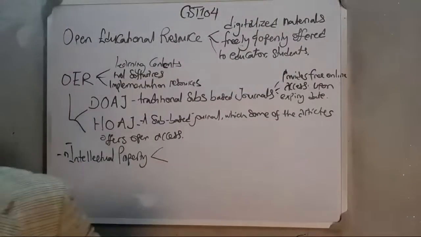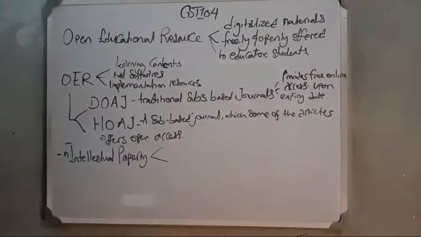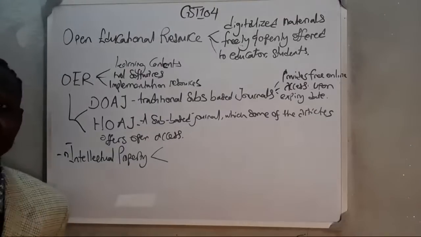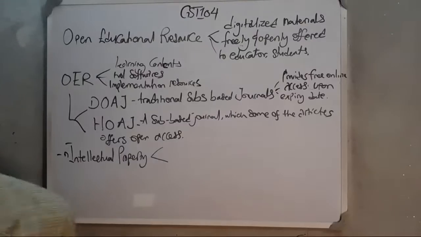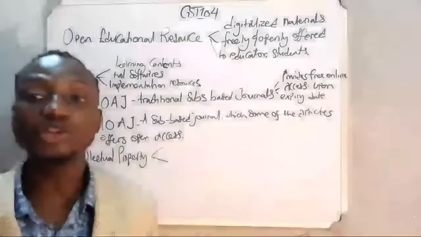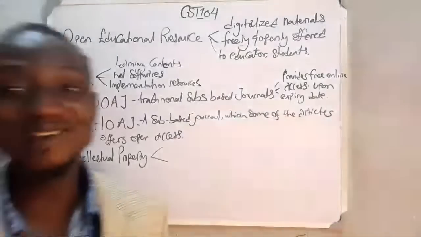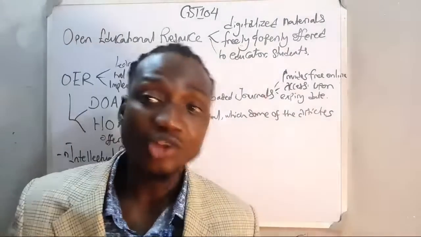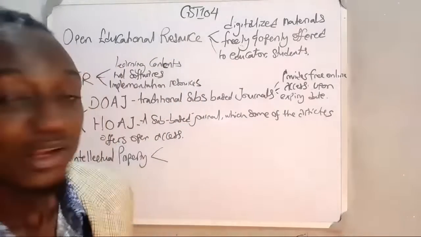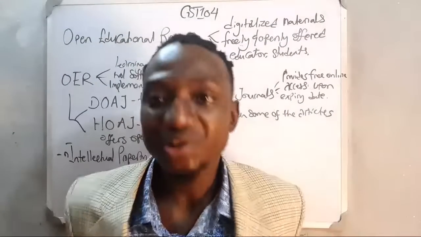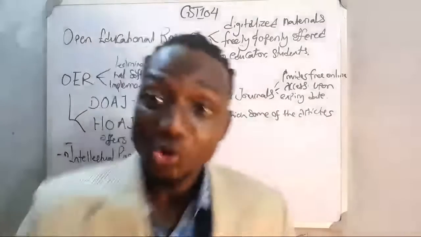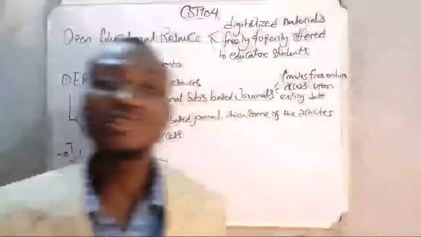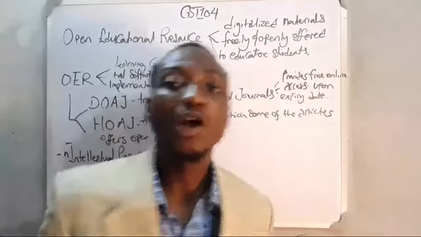Now, as I was saying, intellectual property, like I said, is the intellectual creation of an individual or an organization. This creation could be literary work, a design, just anything you create by yourself. And we have the law there to protect anybody from taking what belongs to you.